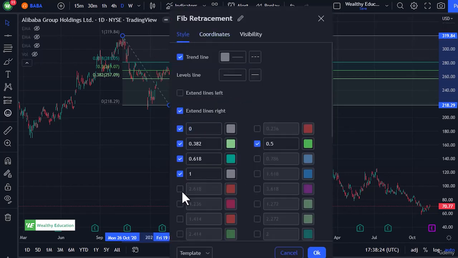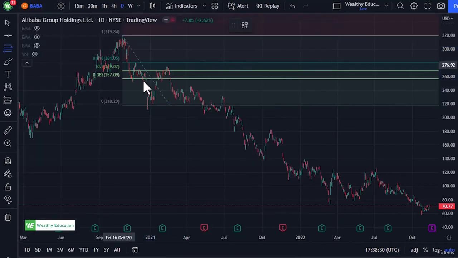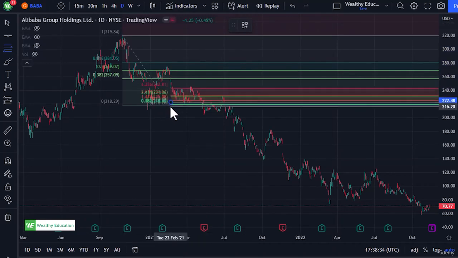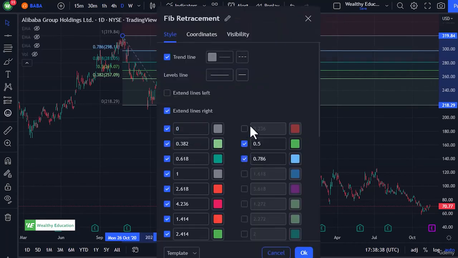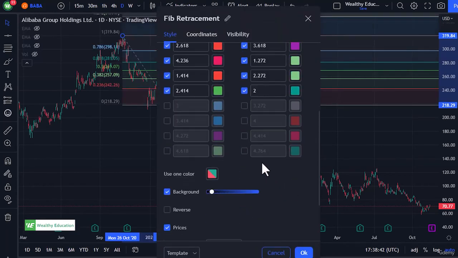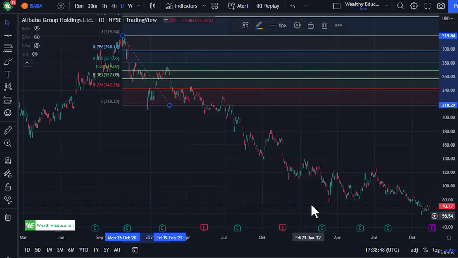is I'm going to show you all of the Fibonacci numbers that are available on the Fibonacci tool, the Fib retracement tool. And there are other Fibonacci tools that you can use. So these are all the Fibonacci ratios that you can use on a retracement.